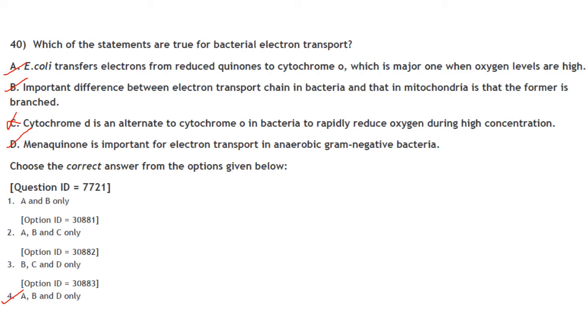Yes. Cytochrome D is an alternate to cytochrome O in bacteria to rapidly reduce oxygen during high concentration. No. Then menaquinone is important for electron transport in anaerobic gram-negative bacteria. So D is also correct. So answer is option A, B, D, only option 4.